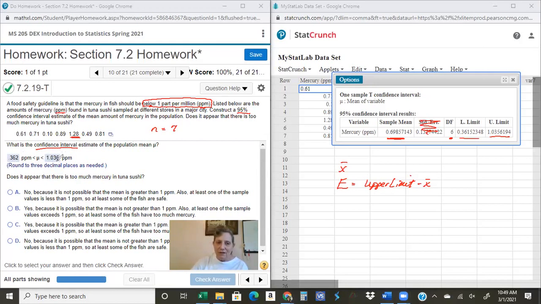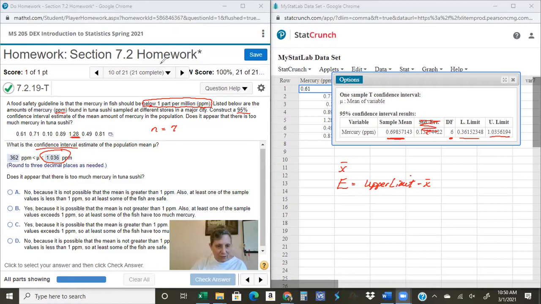Are we totally confident that the mean for the population is below 1? No. We're pretty sure it's between these two. Therefore, we are not in the least bit confident that it is below 1.